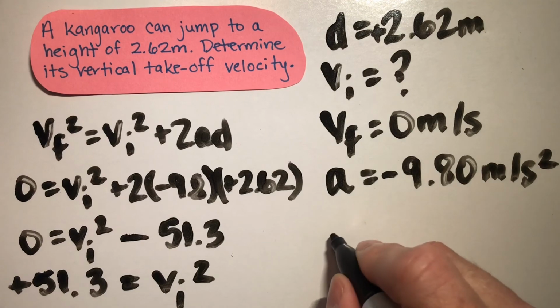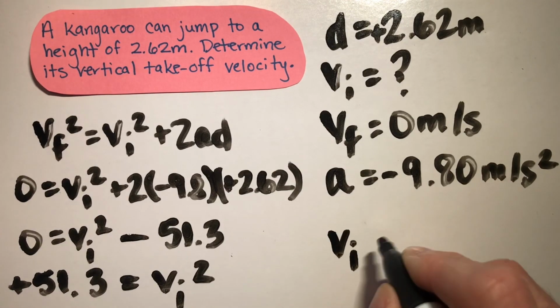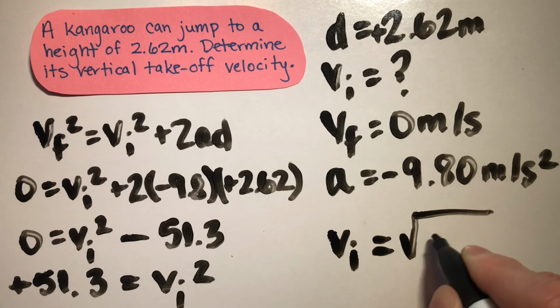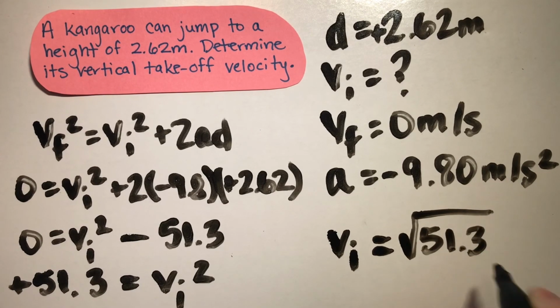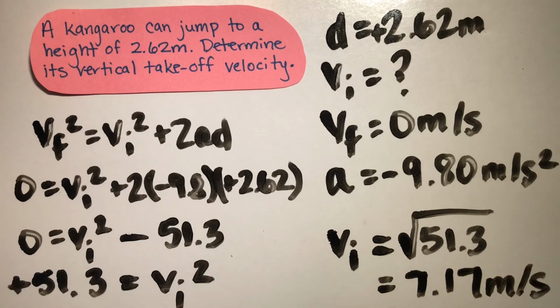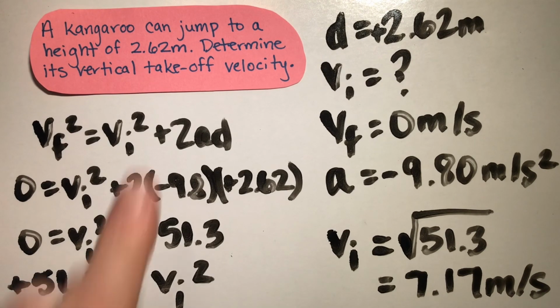The only thing we're going to have to do next is take the square root of both sides so that the initial velocity is going to be equal to square root of 51.3, which is equal to 7.17 meters per second.